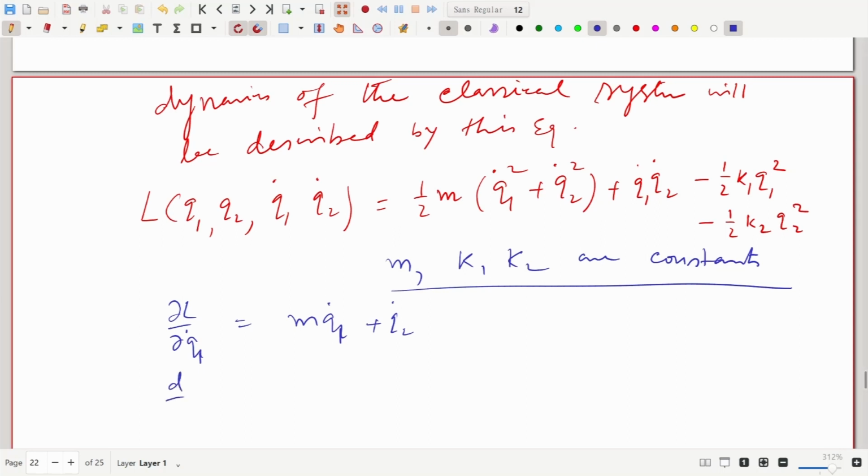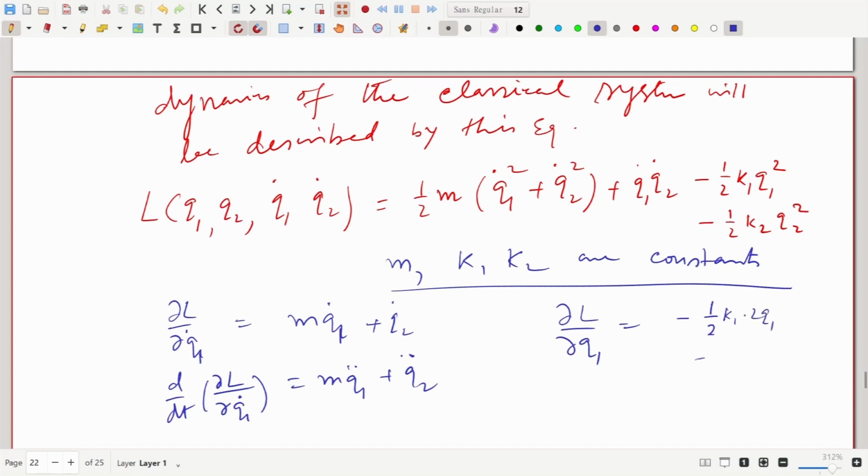So d/dt of del L del q1 dot is m times q1 double dot plus q2 double dot, and we also find del L del q1, which will be minus k1 q1.